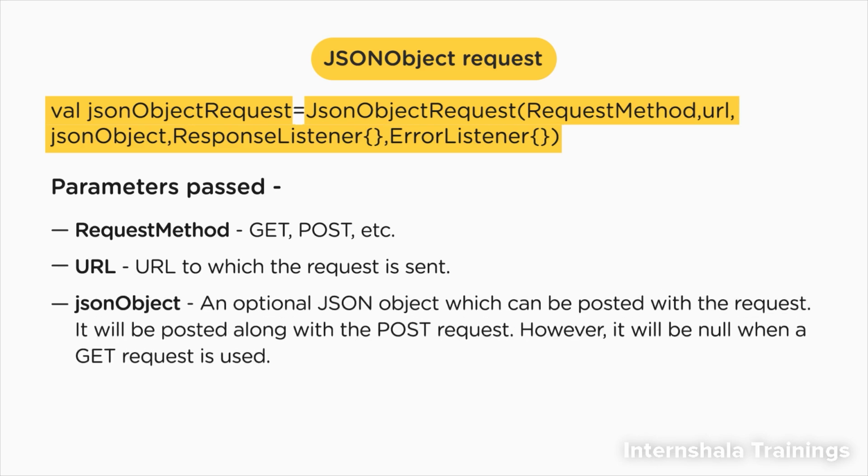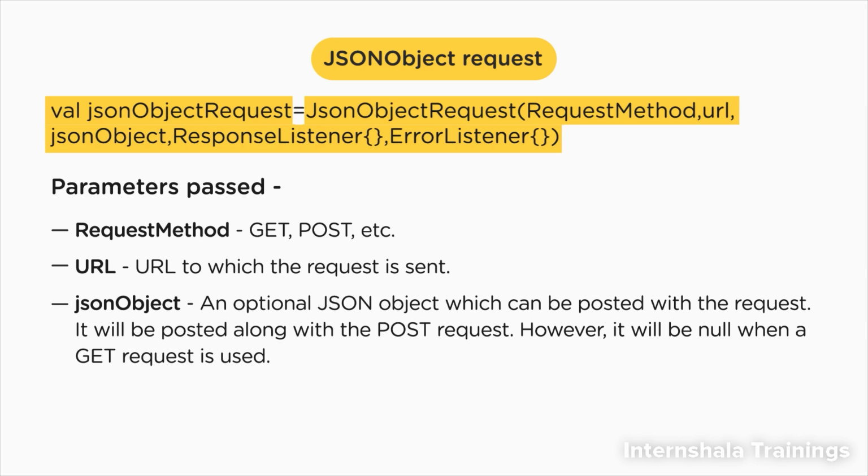Next is the JSON object. So, an optional JSON object can be posted with this request. Why optional? Because we will post a JSON object when we send a post request, but this object will be null when a GET request will be sent. We know that we send a GET request when we want to get some data from the server, while we send a POST request when we want to send some data to the server, right?